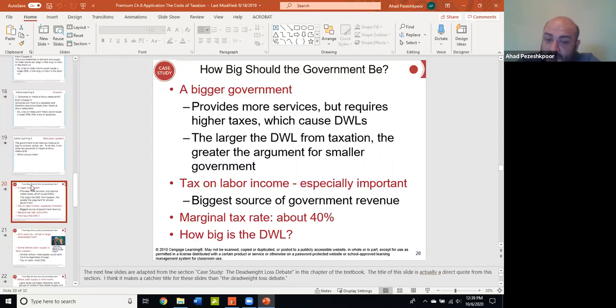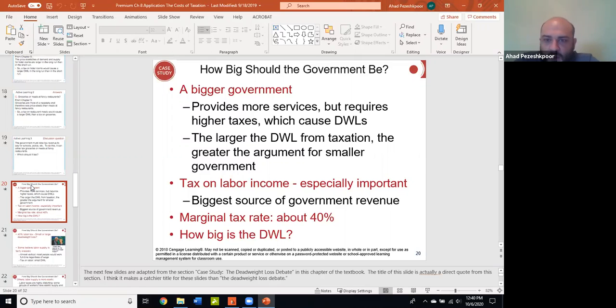But how big is the deadweight loss? Before we move to the next slide, why do you think tax on labor income is the biggest source of government revenue? Why do you think instead of, let's say, taxing breakfast cereals or hotel rooms, governments go after labor, tax every one of us who work?